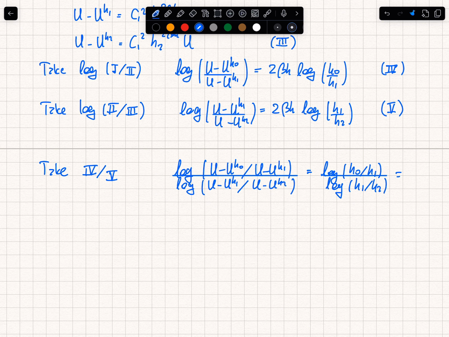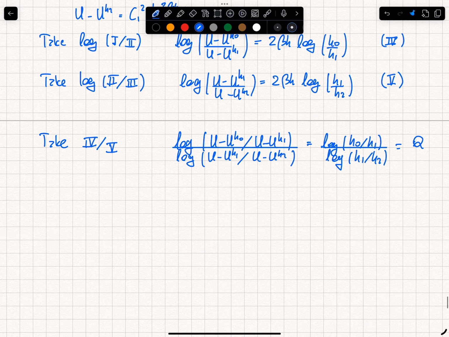And I'm going to call this ratio Q, right? And so you could say that the log of U minus UH0 divided by U minus UH1 is equal to Q multiplied by the log of U minus UH1 divided by U minus UH2.